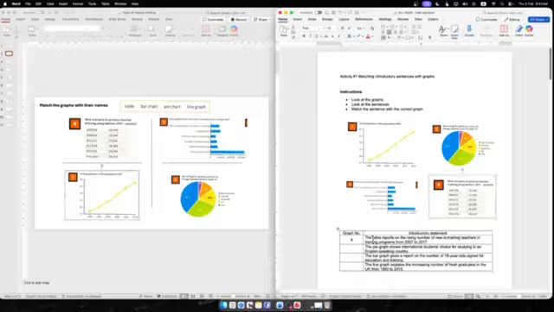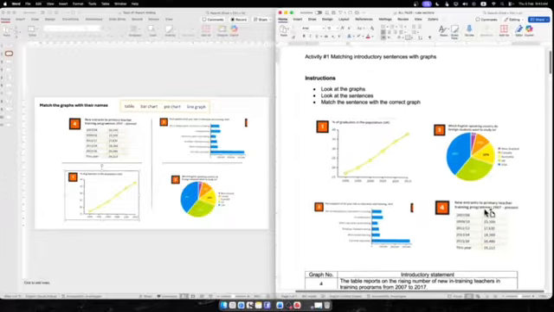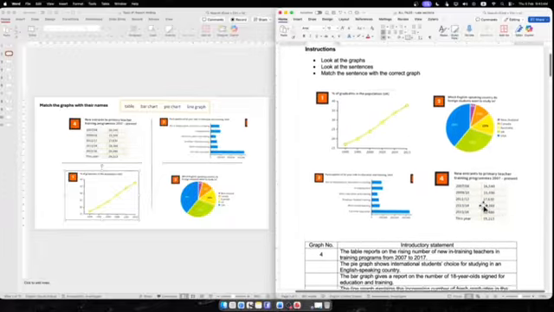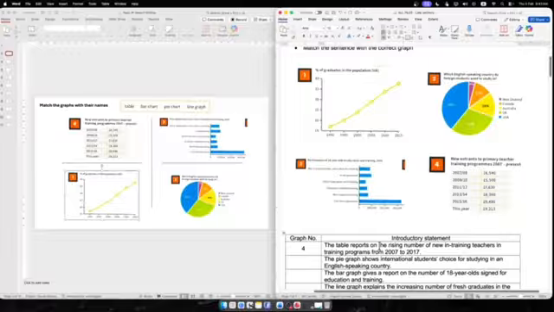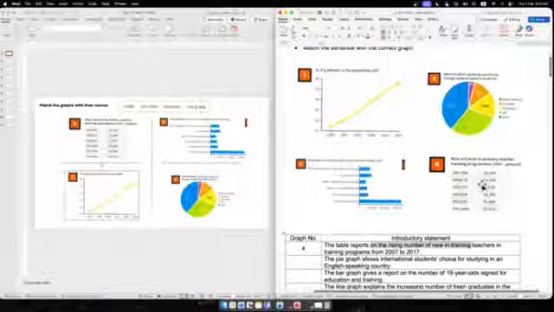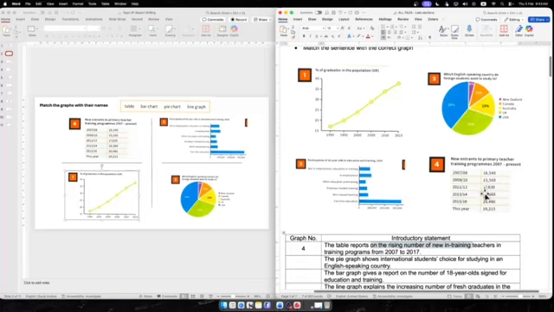But it's not enough just to identify the type of the chart. Let's understand what the sentence tells us about the chart. Reports on the rising number. So let's look at the numbers. Do they actually go up or not?